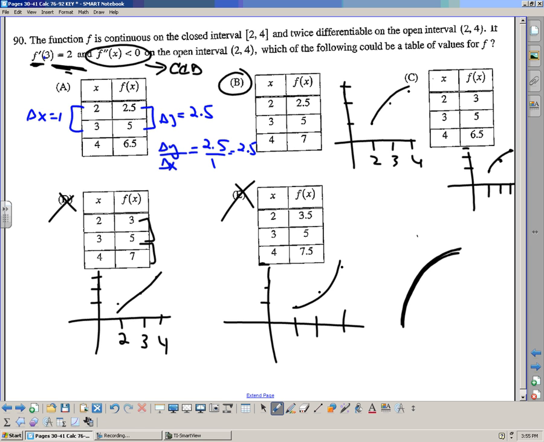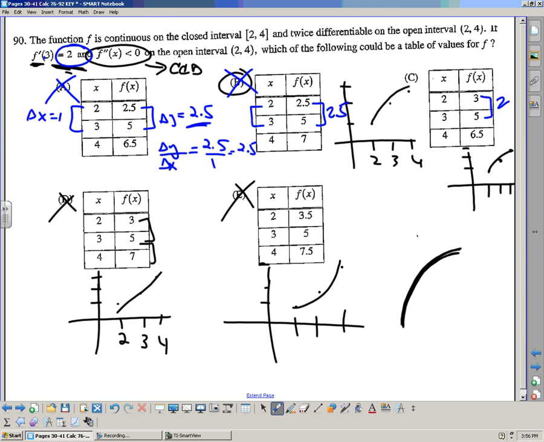So, from the 2. So this rate of change is too high because as I get past 2, my rate of change should be decreasing. So now this is out. Let's take a look here. From 2 to 3, I'm also increasing by 2.5. That's higher than the derivative. No good. C, if we look from 3 to 5, I'm increasing exactly 2.